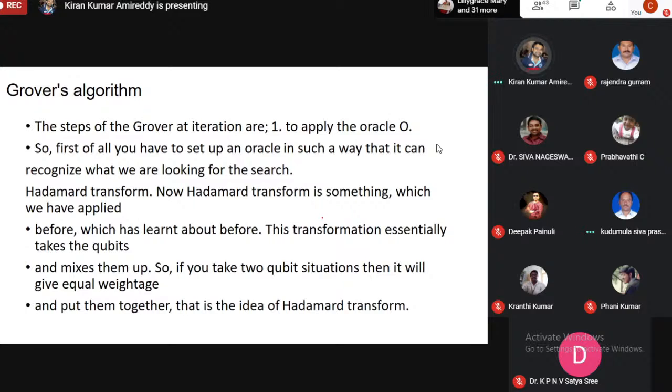Is there any doubt? Even in the previous section also, yesterday's session, linear vector space and the problem.